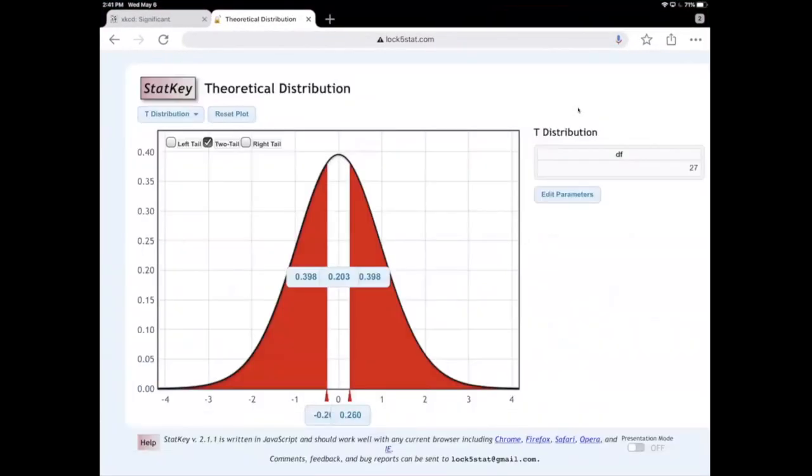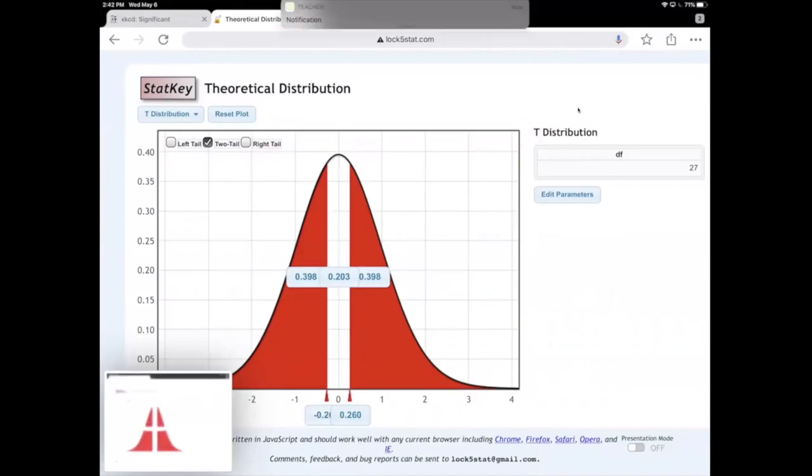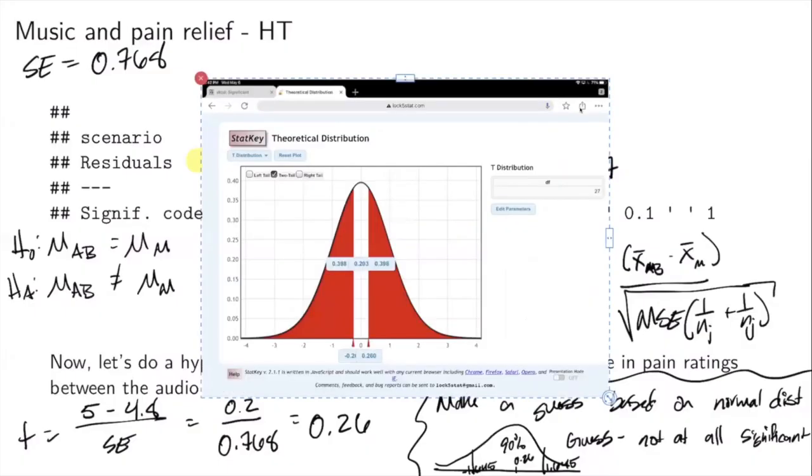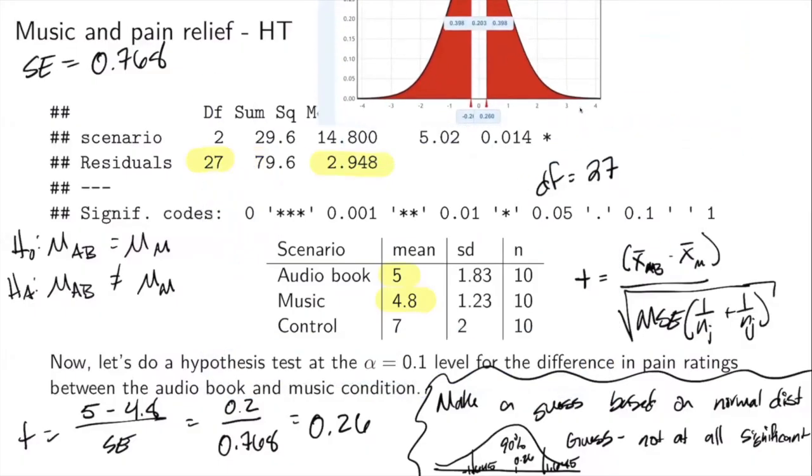Whoa, that is extremely not significant. It's going to be a huge p-value. So the p-value is 2 times 0.398, 0.796. That is huge. So we are going to fail to reject.